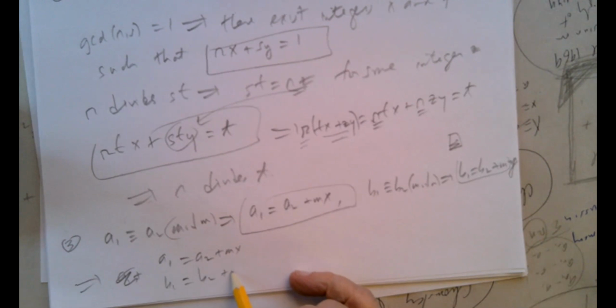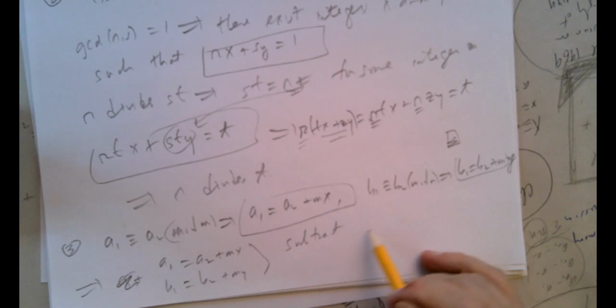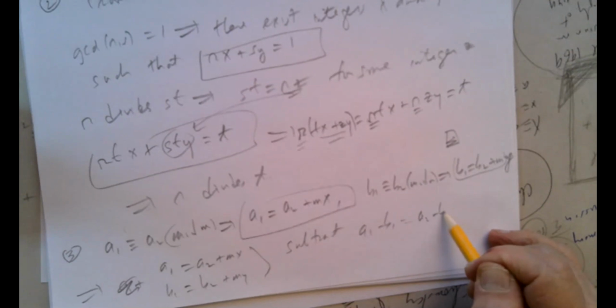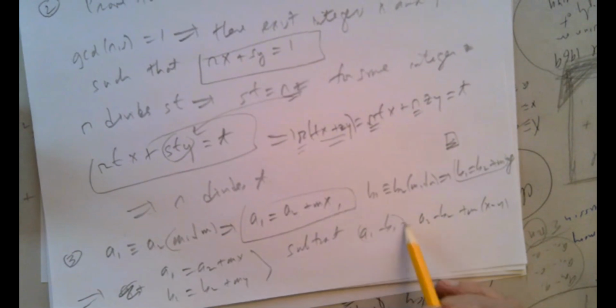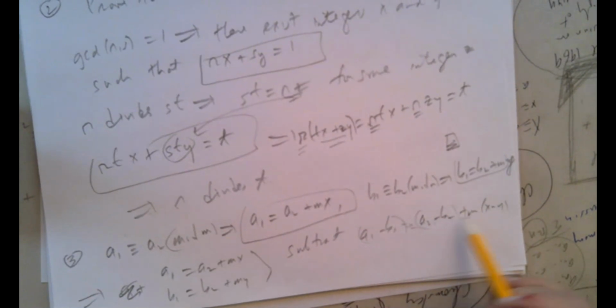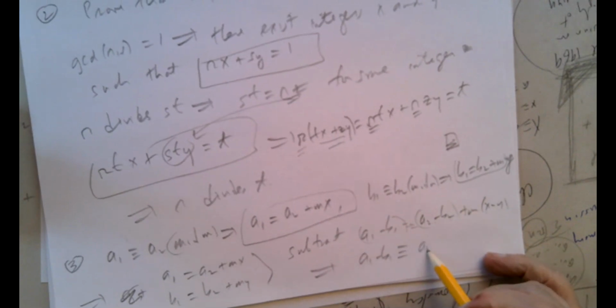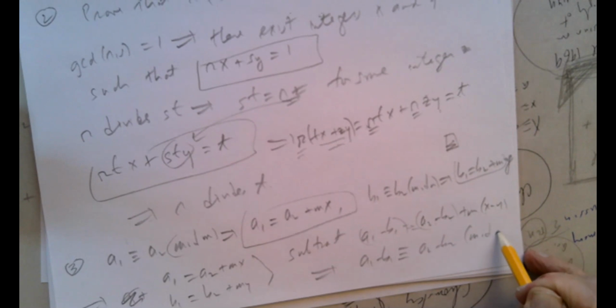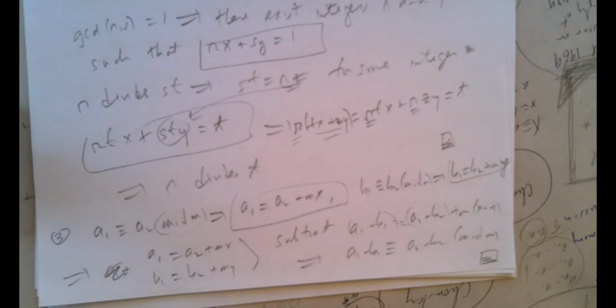B1 equals B2 plus MY. If you subtract, you get A1 minus B1 is A2 minus B2 plus M times (X minus Y). So this number is equal to this number plus a multiple of M. So A1 minus B1 is congruent to A2 minus B2 mod M. That's the proof.